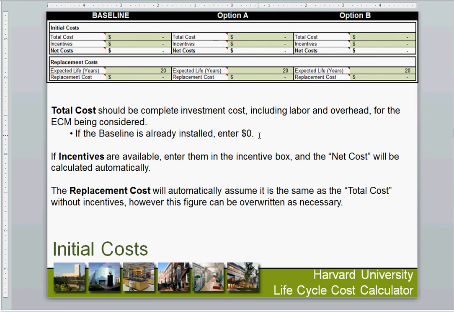The state of Massachusetts, through NSTAR, NGRID, and the Mass Save program, actually has a fairly robust set of incentives, both custom and prescriptive. We spend a lot of time at GBS doing incentive management for our capital projects, and can often, frankly, collect incentives that are in excess of our entire fee for our involvement in the project. So it doesn't always work that way, but they can be pretty large.